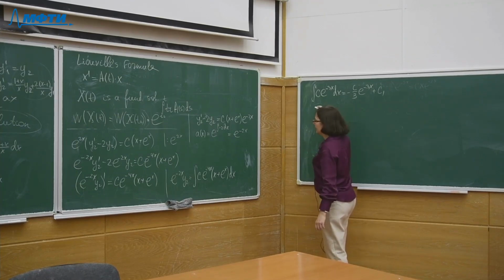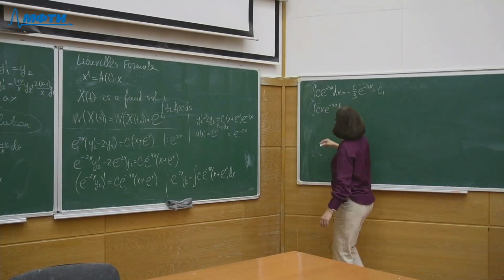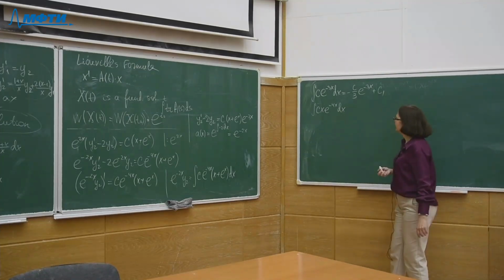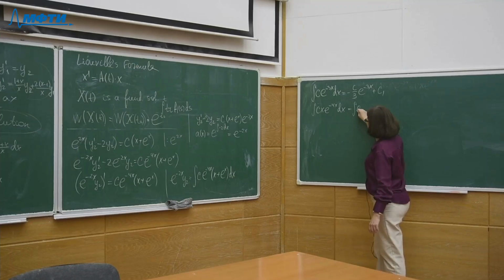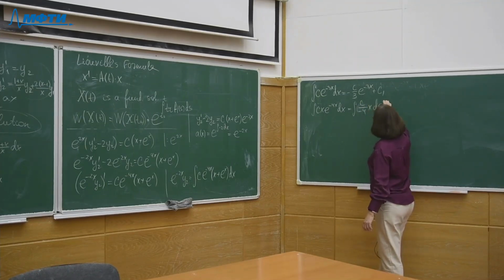And the integral of cx e^(-4x) dx. Using integration by parts, it is equal to the integral of c x d e^(-4x).